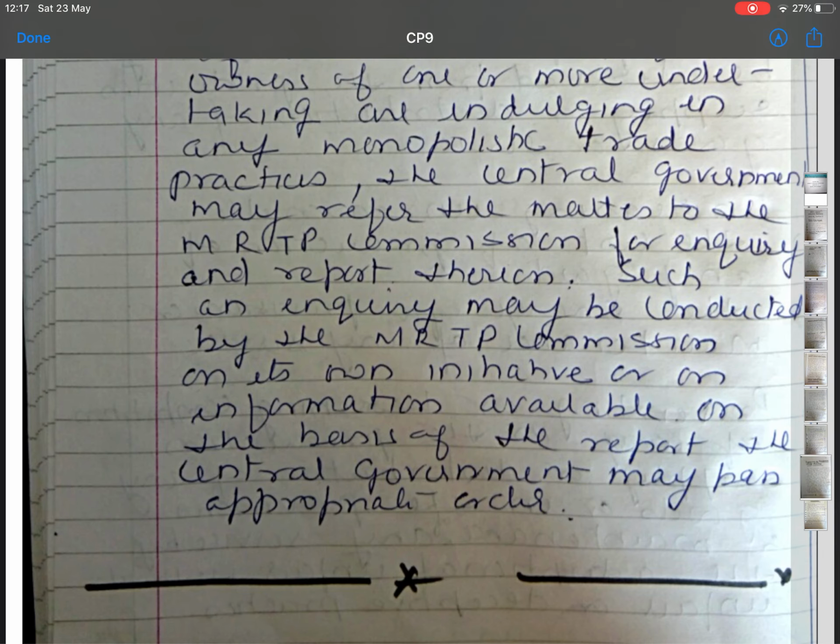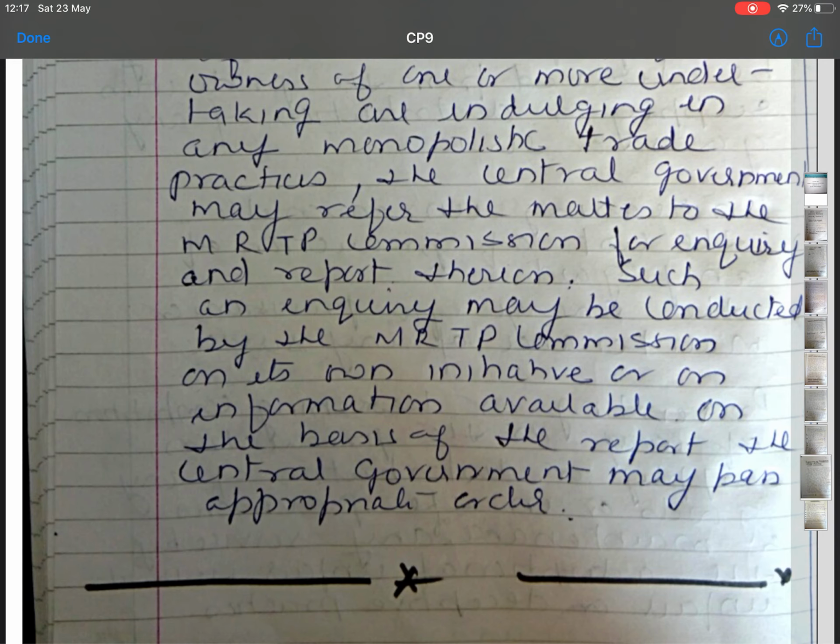Generally, these trade practices disrupt the flow of capital or resources into the line of production, or bring about manipulation of prices or conditions of delivery, or affect the supply in the market. They also prevent, deteriorate or restrict competition in the market. So, these are called restrictive trade practices.